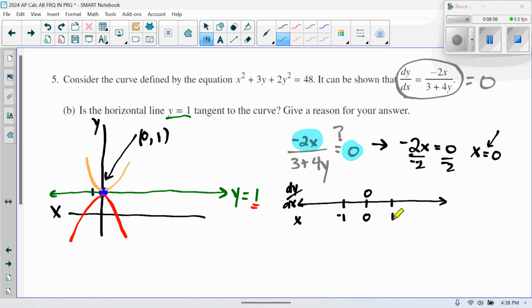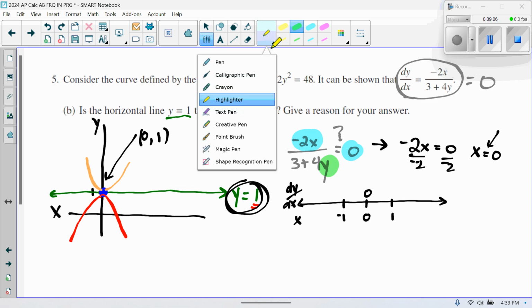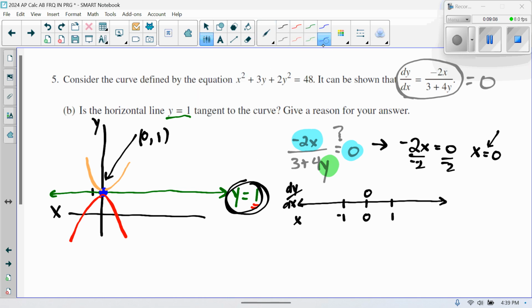Now remember, this can only happen when y is 1. So when I look at my derivative, for my y value I'm going to put in a 1. What happens when I get 4 times 1? That's 4 plus 3, so the bottom is going to be 7, and the top is negative 2x.